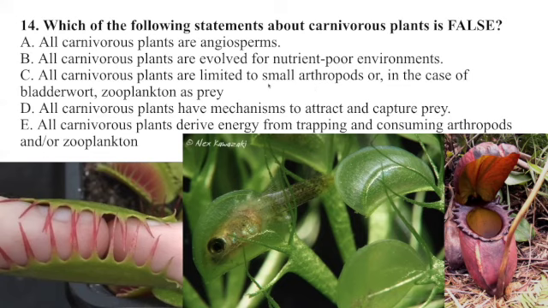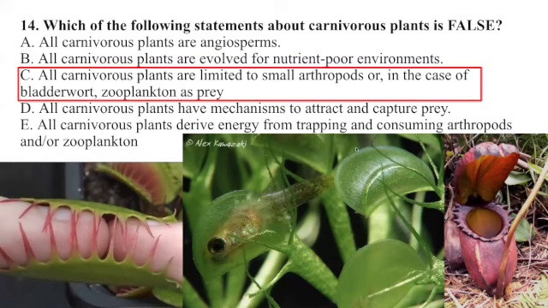So they're not limited to just small arthropods or zooplankton. I think it's much broader than that. Even the bladderwort is not limited to just zooplankton; they can eat tadpoles and little worms and all kinds of stuff. So C is our incorrect one.